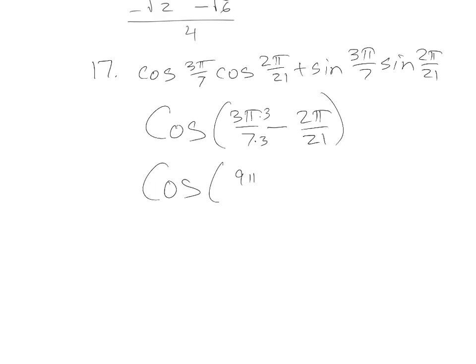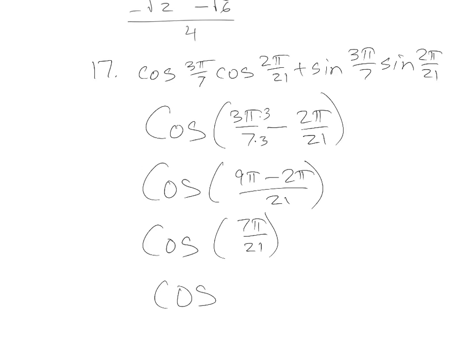So that would be 9 pi minus 2 pi over 21. So it's the cosine of 7 pi over 21, or the cosine of pi over 3. So the cosine of 60 degrees, x value at 60 degrees, is 1/2.